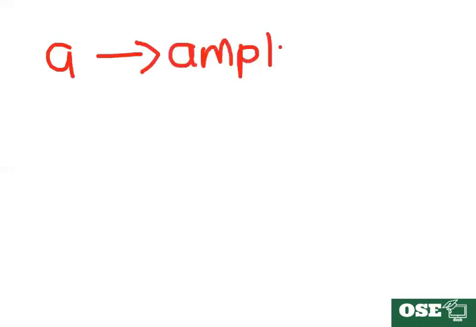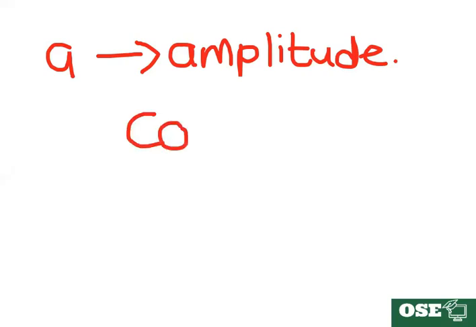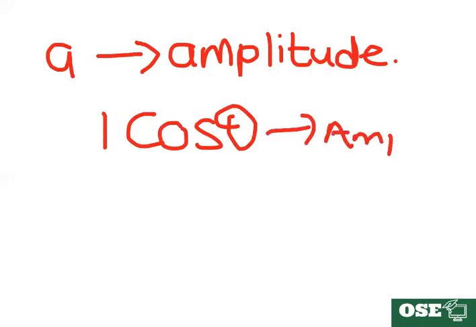Remember, I said to you that a is the same as the amplitude. So in our original cos graph, our amplitude is 1 and our a is 1. So we have cos theta, which is the same as 1 cos theta, and our amplitude is equal to 1.